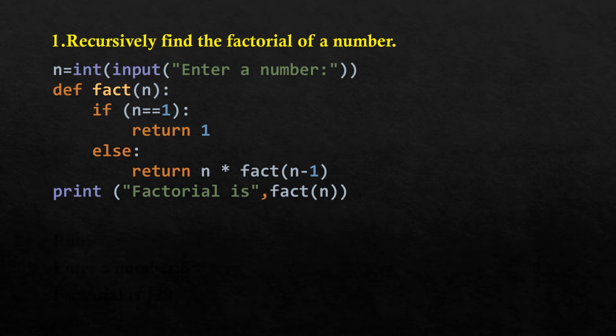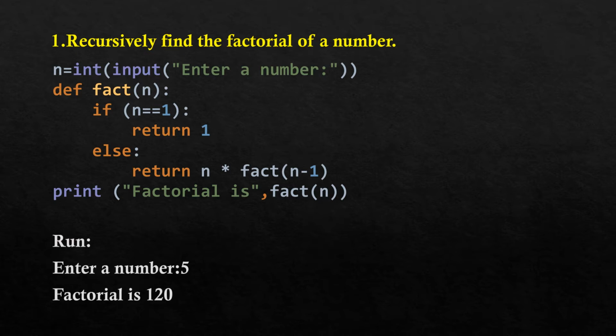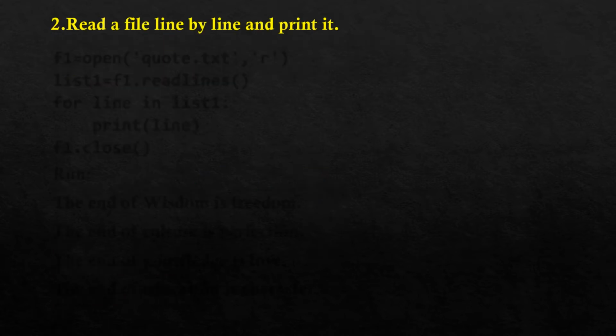Again factorial of 3 will be replaced by 3 into factorial of 2, and factorial of 2 will be replaced by 2 into factorial of 1. And factorial of 1 is 1. So ultimately it will return 5 into 4 into 3 into 2 into 1, that is 120. Like this it will execute.